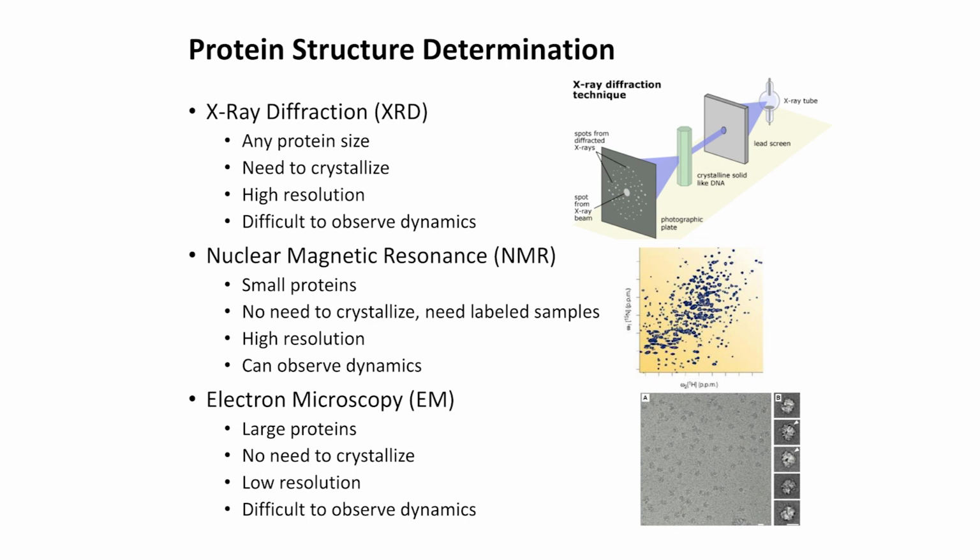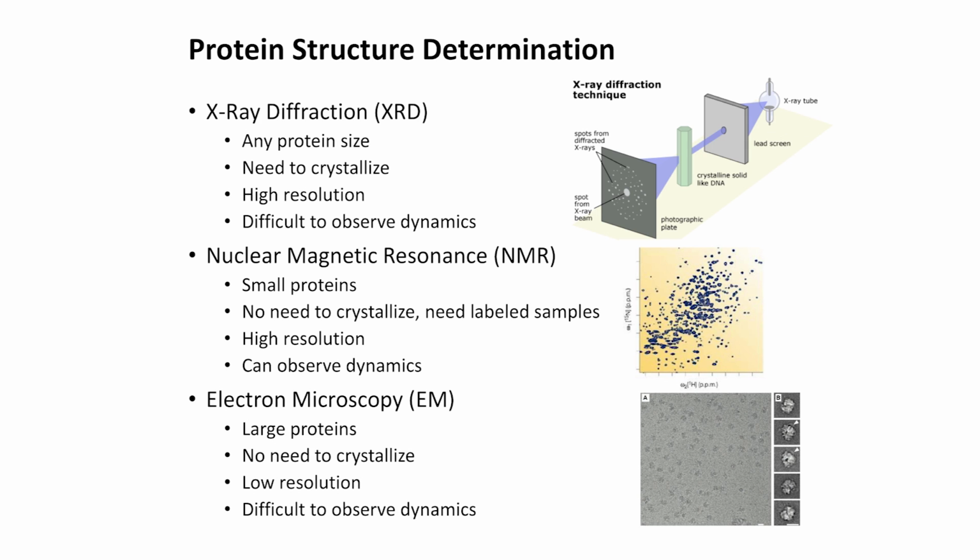The third technique is electron microscopy. This is restricted so far to large proteins, because the resolution is not so good. Again, you don't need to crystallize your proteins, and you don't need to use labeled samples either, so the sample preparation is probably the easiest for electron microscopy.